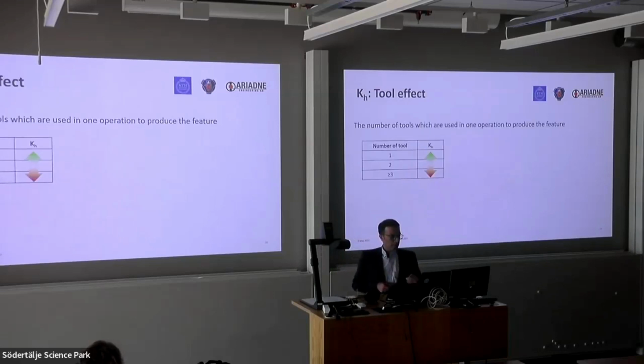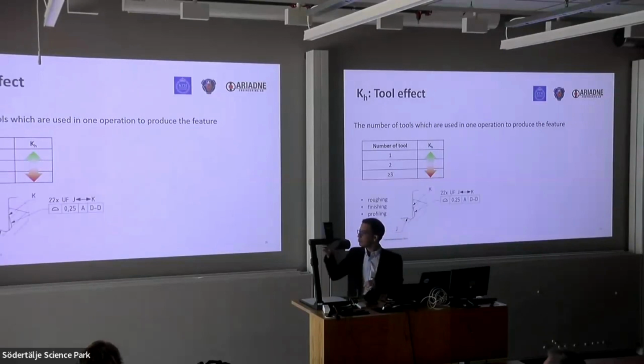And the last parameter is tool effect. When you are producing a feature with more than one tool, then you will have more challenges. For example, for this undercut, you are using different tools for roughing, finishing, and profiling.